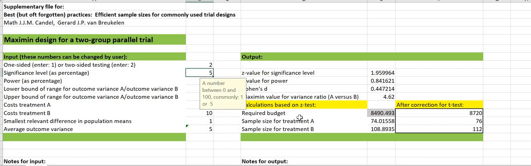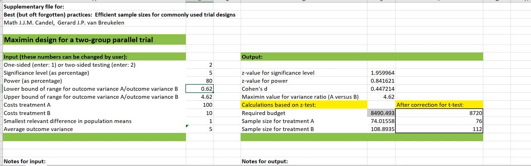If I change alpha to be 1% instead of 5%, sample size goes up. Budget goes up accordingly. If I change the power to be larger, sample size goes up. If I have it smaller, sample size goes down. So all the things that hold true for a regular power calculation are held true here.